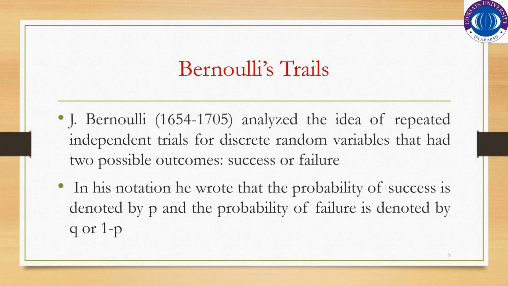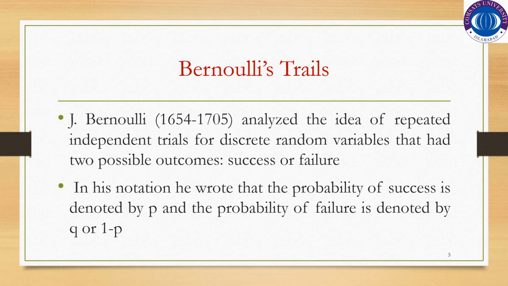That had 2 possible outcomes. And there are only 2 possible outcomes. There are only 2 classifications in which we can classify our outcome, success or failure. What is success and what is failure? Anything in which our interest lies, that is success.